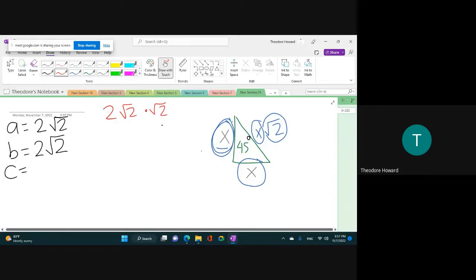Square root 2 times 2 is what? 4. And the square root of 4 is what? 2. 2 times 2 is what? 4. That's C.